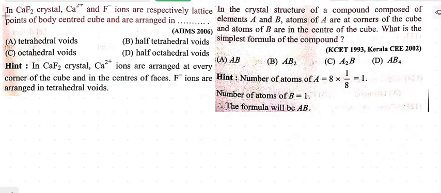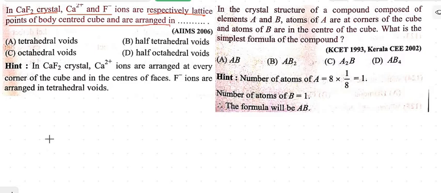Now the next question, it says in CaF2, calcium fluoride, that is fluorspar crystal, Ca+2 and F- ions are respectively lattice points of the body centered cube and are arranged in.